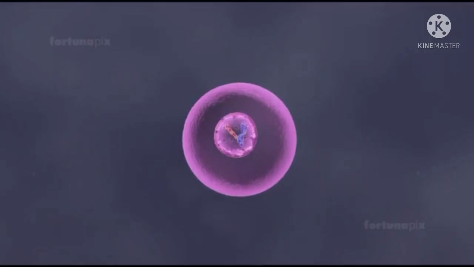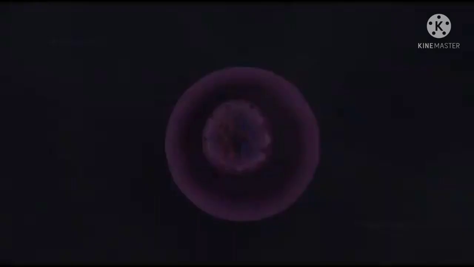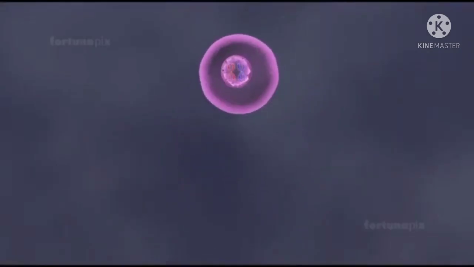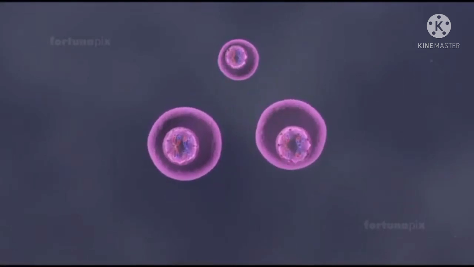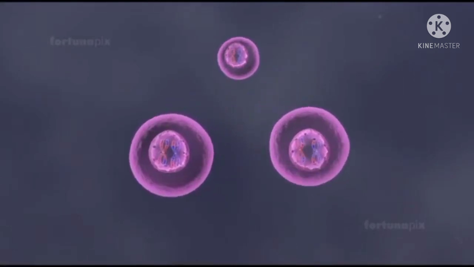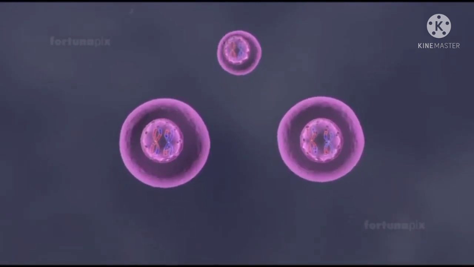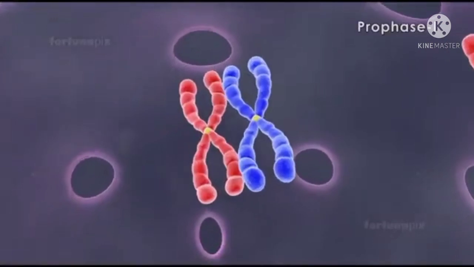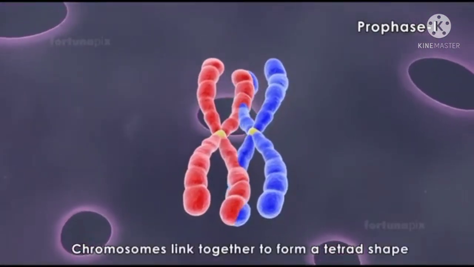Now let's study meiosis part 2. Students, in this session of meiosis part 1, we have learned the process of chromosomal recombination. Let us recall the process of meiosis 1. In prophase 1, the chromosomes link together to form a tetrad shape.